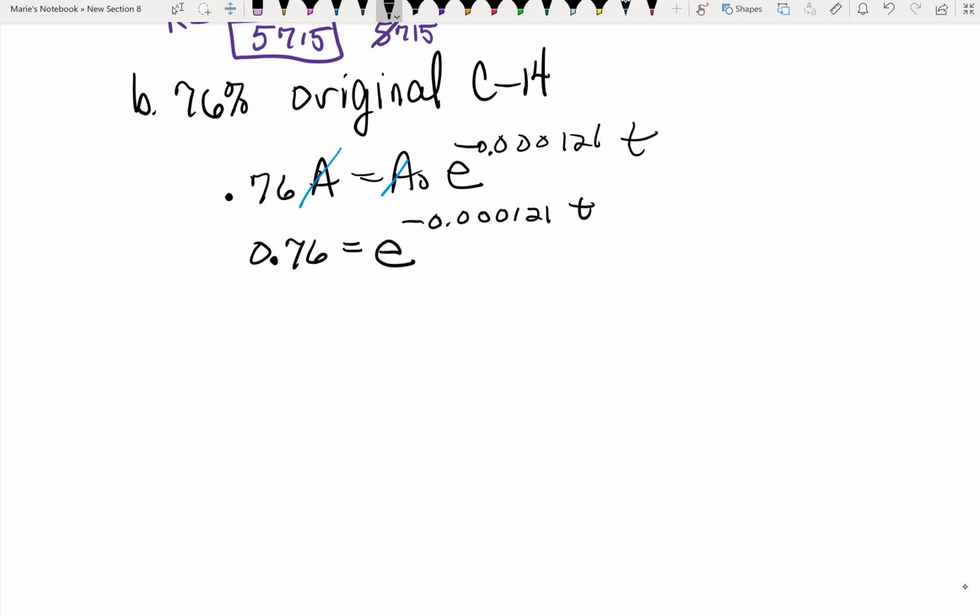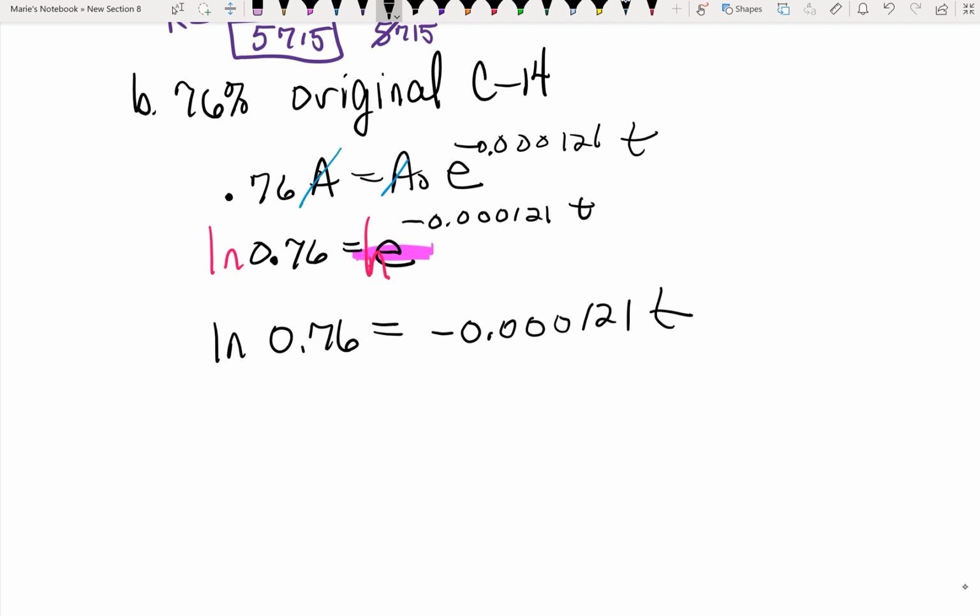If we take the natural log of these two values on both sides, again, these two cancel each other out. That never changes. And so we're left with natural log of 0.76 equal to negative 0.000121t.